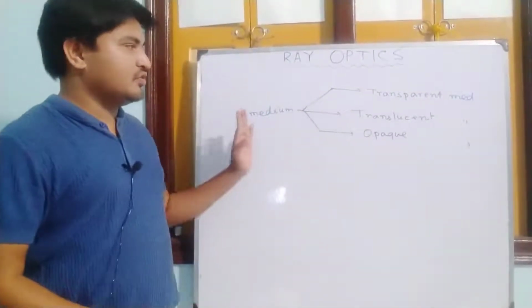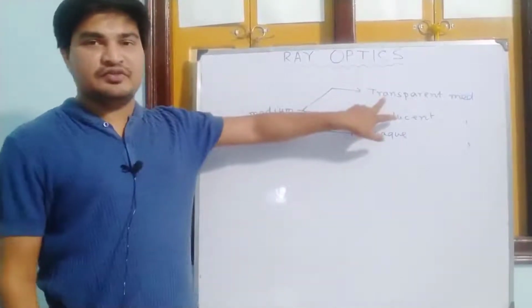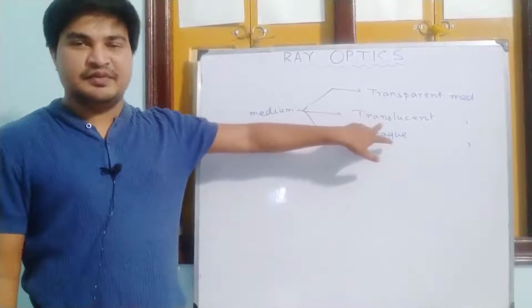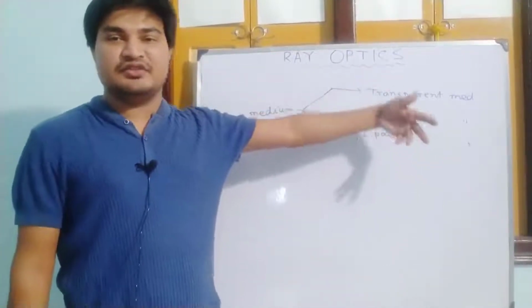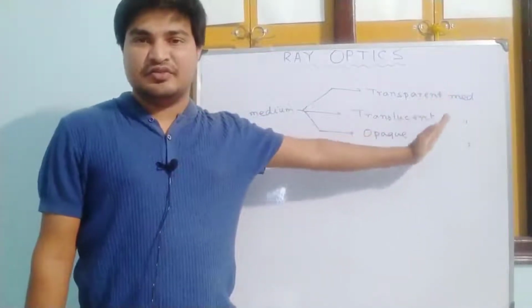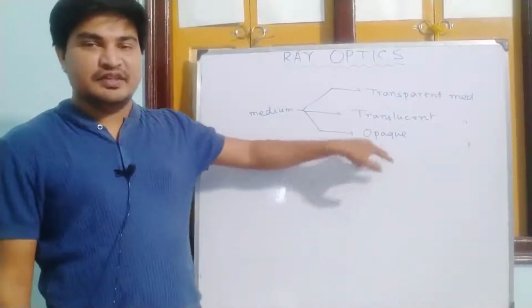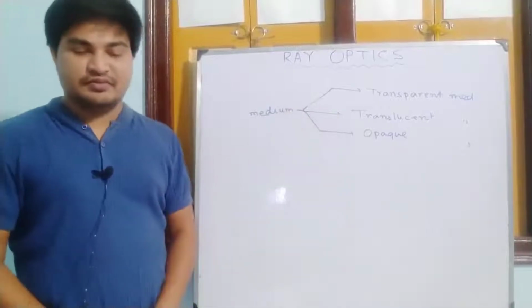Transparent is the medium through which light can travel very easily. In a translucent medium, light can't travel very easily; after traveling some distance, the energy of the light is dissipated completely, so light stops traveling. And opaque medium is the type of medium in which light can't travel. So these are the three different types of medium.